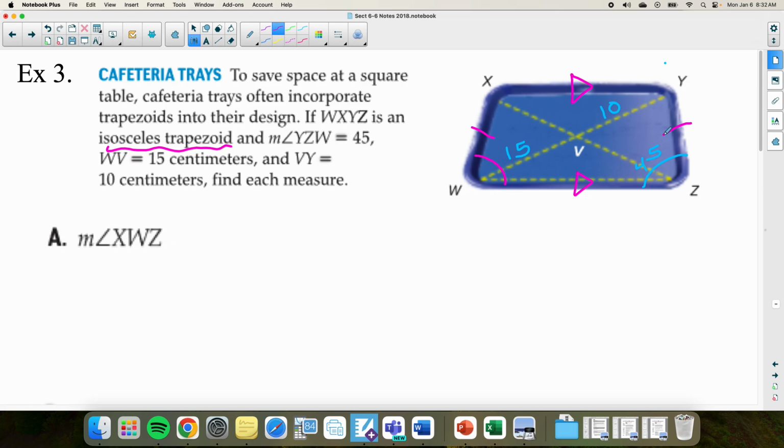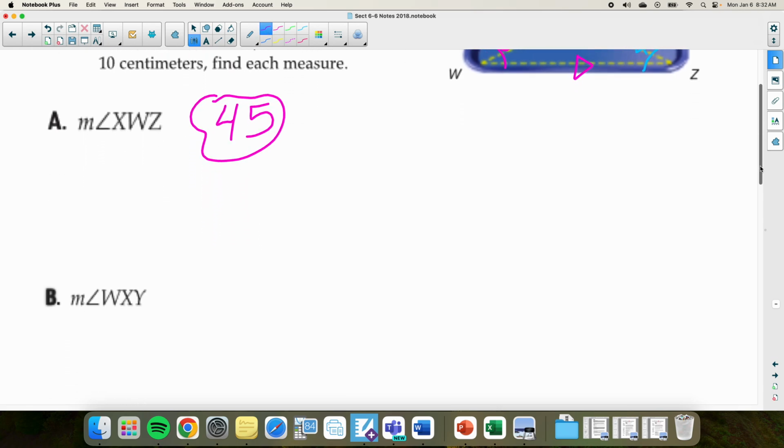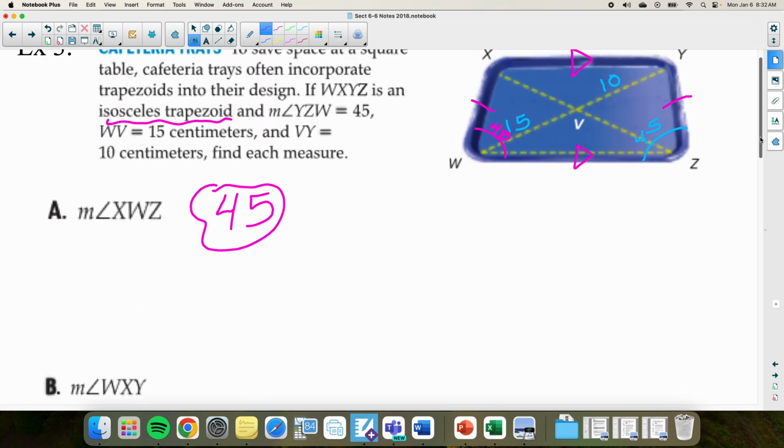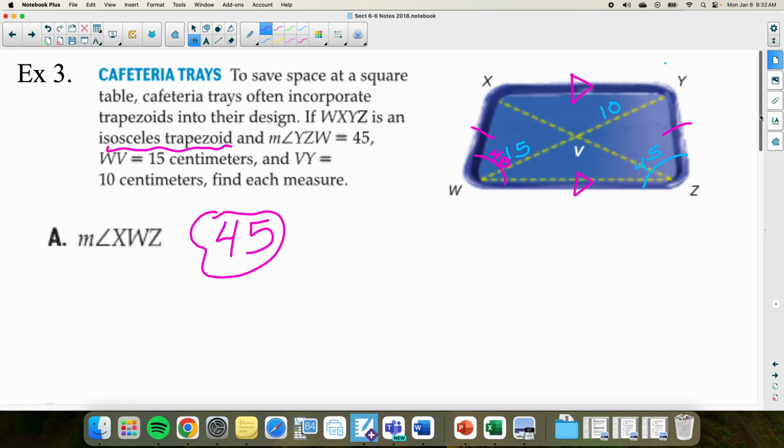They're the same, right? So if this is 45, that makes this 45. Okay? So that's that first answer. Then if we go to our next one, they ask us for WXY. That's up here. Okay? If these are parallel, what should these be?